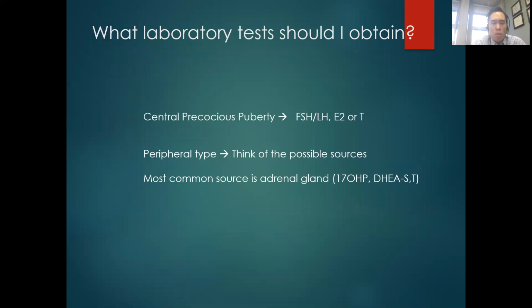And again, the most common source of peripheral pubertal development is the adrenal gland. So this is when you will send adrenal hormones. There will be another video lecture regarding adrenal pathology, and in that video, you will see examples of cases where you would think of obtaining adrenal hormones.